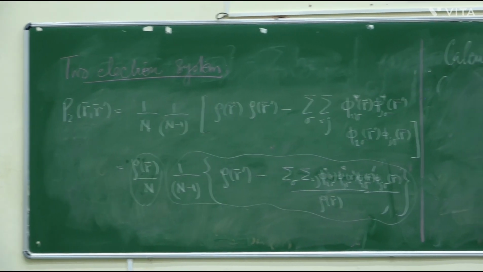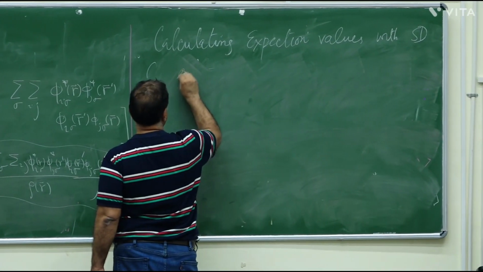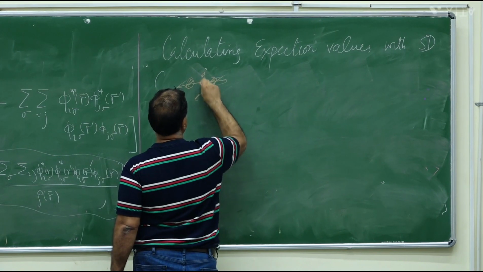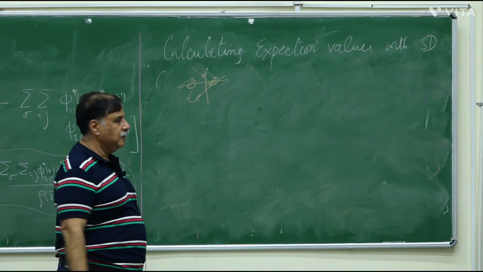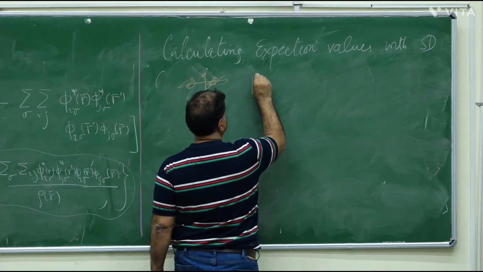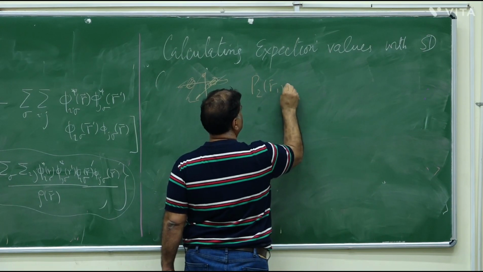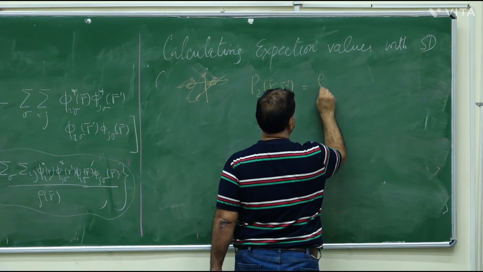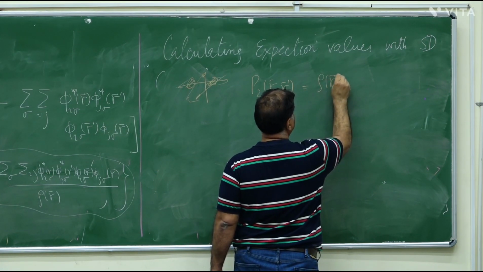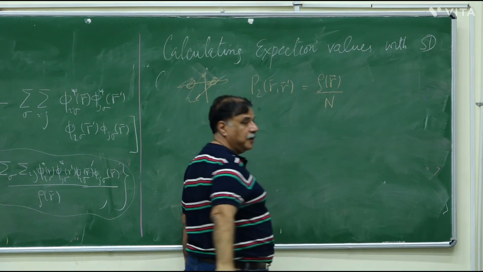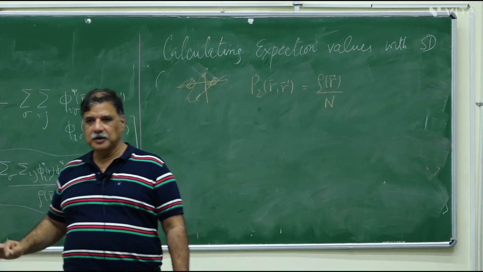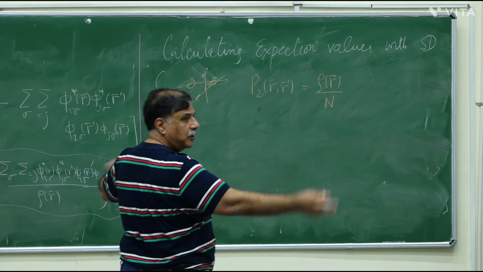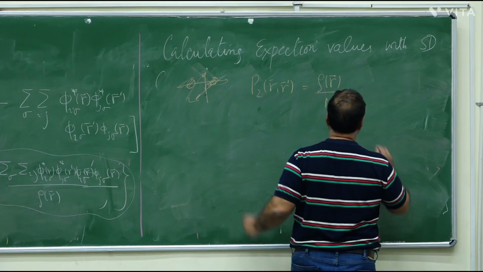Suppose all these particles would go anywhere. There's no antisymmetry, nothing, they were just moving freely. Then P2 would have been the probability of finding a particle at r times the probability of finding another particle at r prime, and they are going all around. There's no connection.